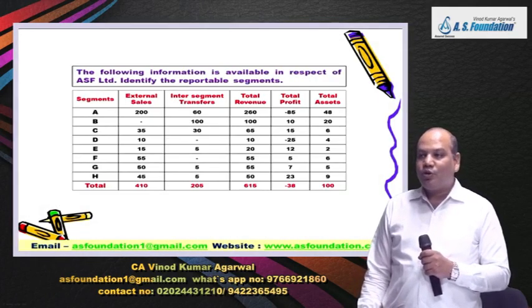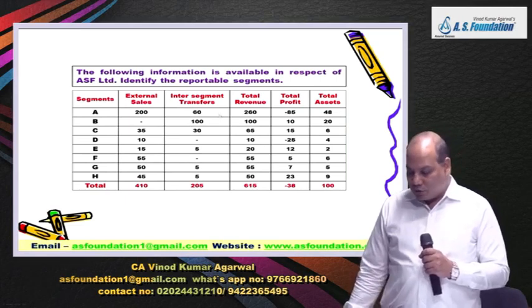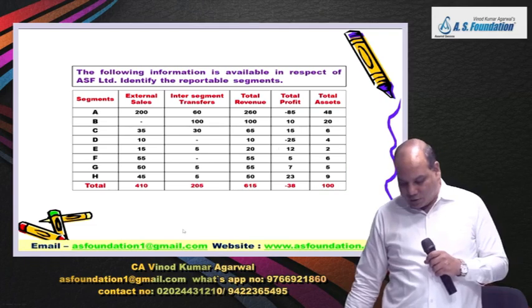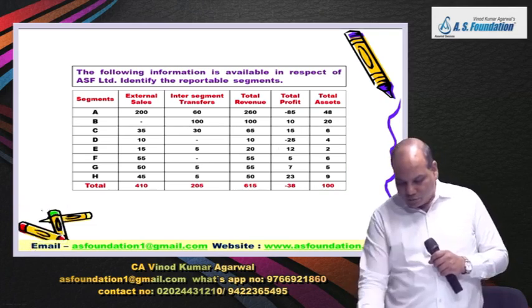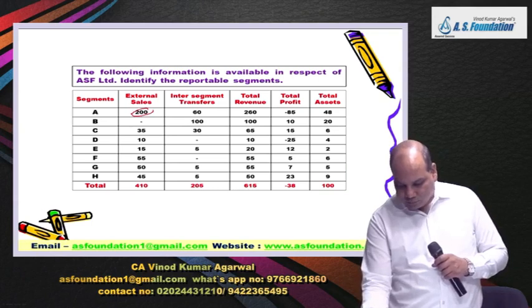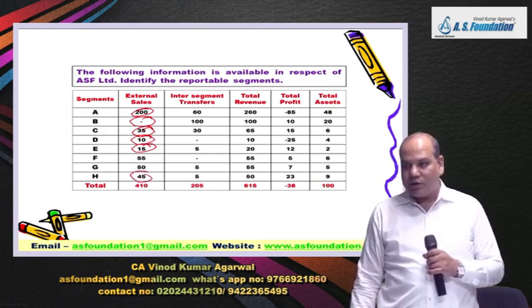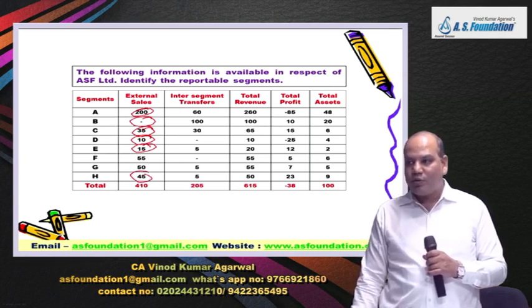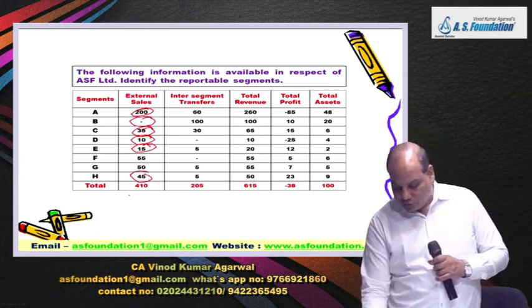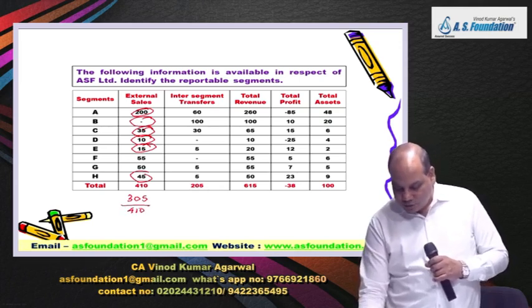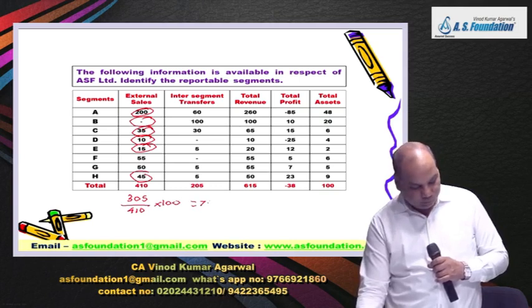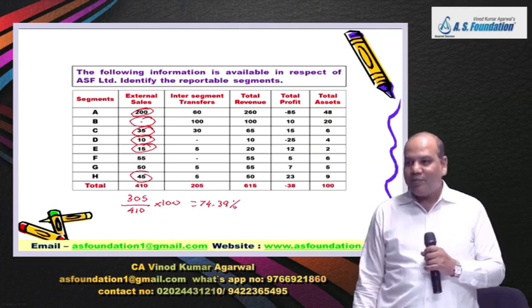Now in the exam you have to conclude it properly. Your answer is not over. Which segments have we identified as reportable segments? So add the total of A, B, C, D, E and H. How much is the total external sale of these segments which we want to report separately? 305. Divide by 410 into 100. Oh, your answer is incomplete.